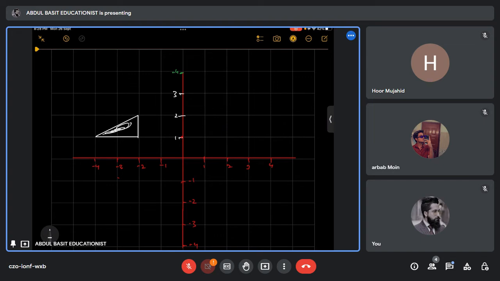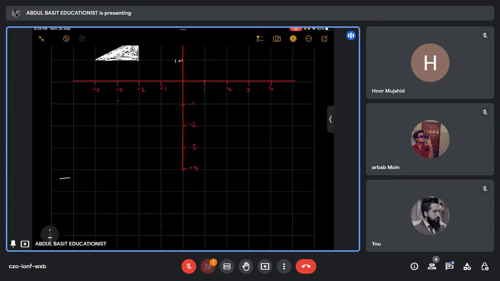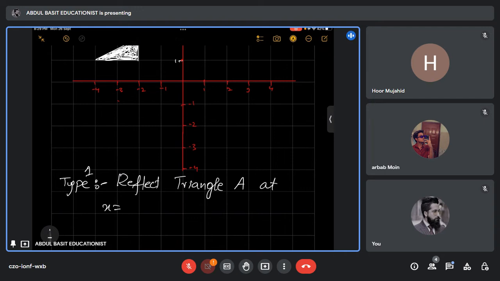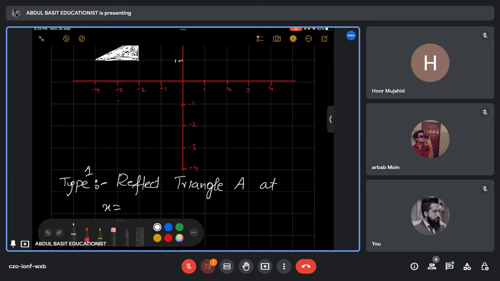Okay, it's a triangle. Now they say type 1: reflect triangle A at x equals minus... no, let's do y first.